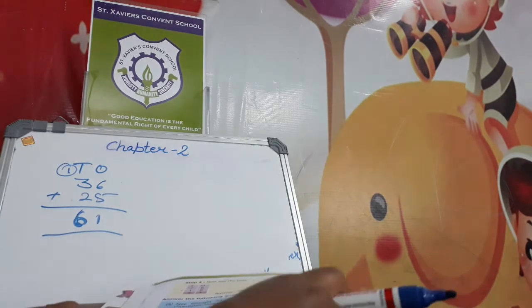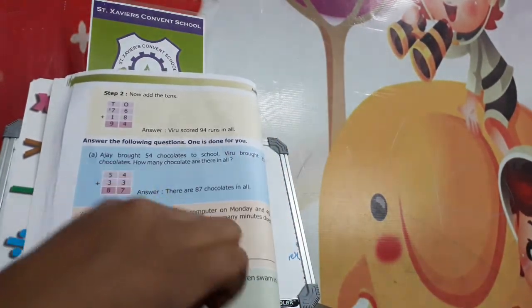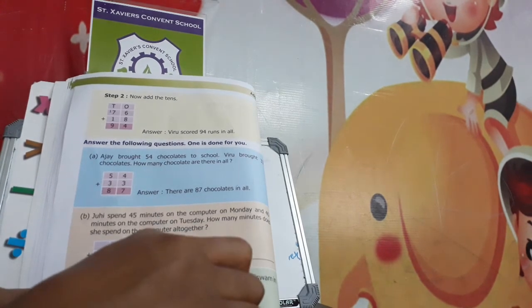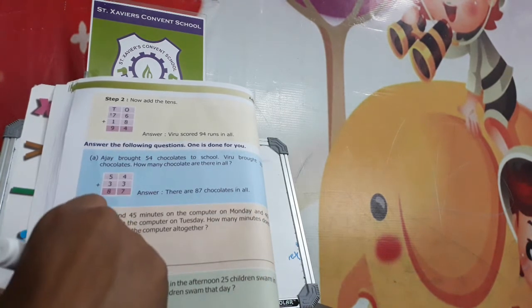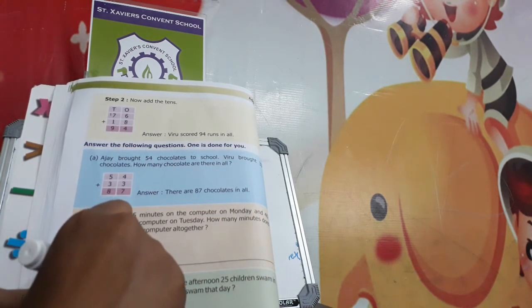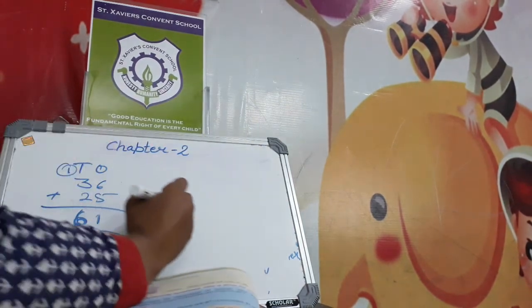Now when you write the statement, look at the last section of the question. How many children swam that day? We have to cut how many and write here, 61 children swam that day.